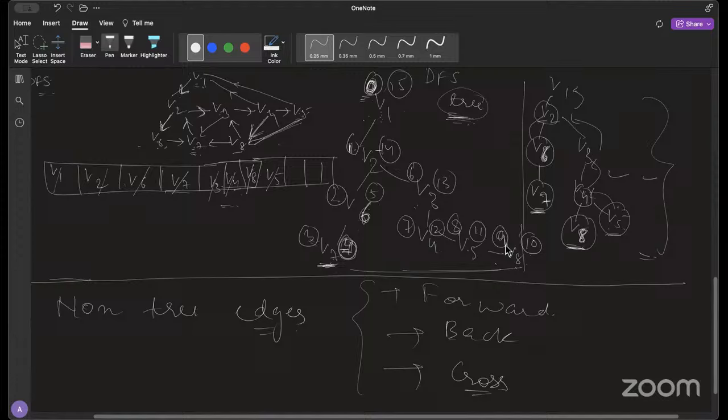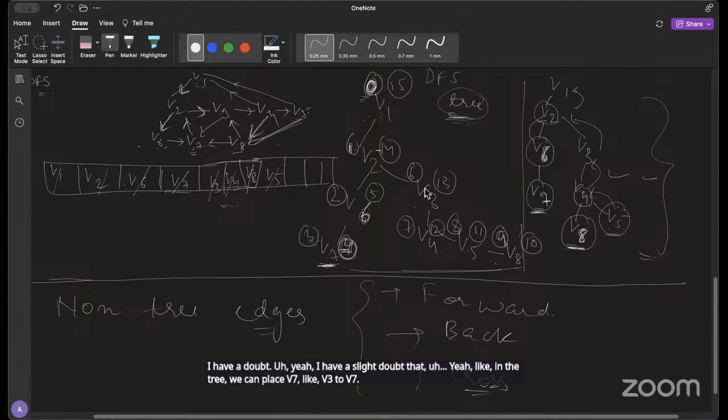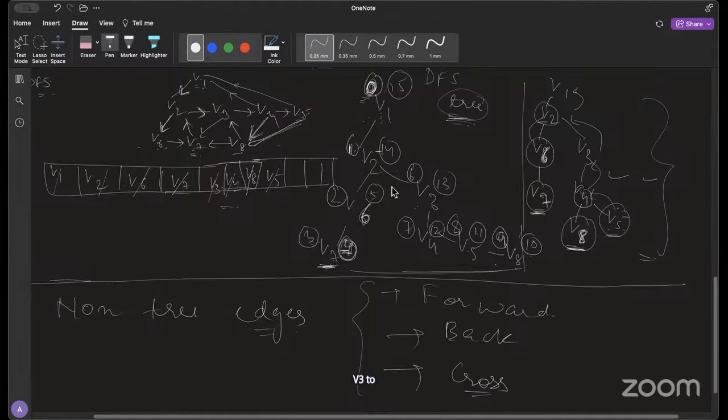Is this okay? Ma'am, I have a slight doubt about the numbering. In the tree, can we place V7 under V3?